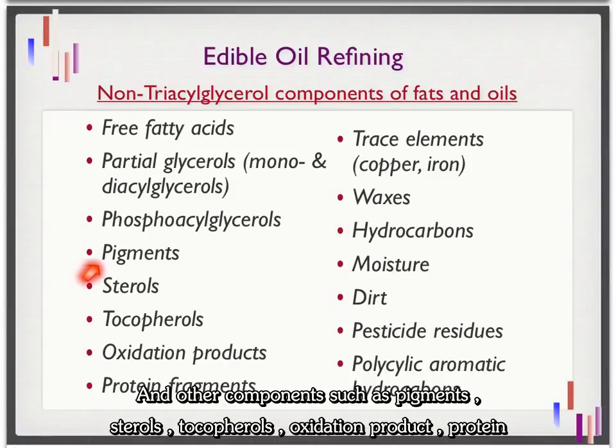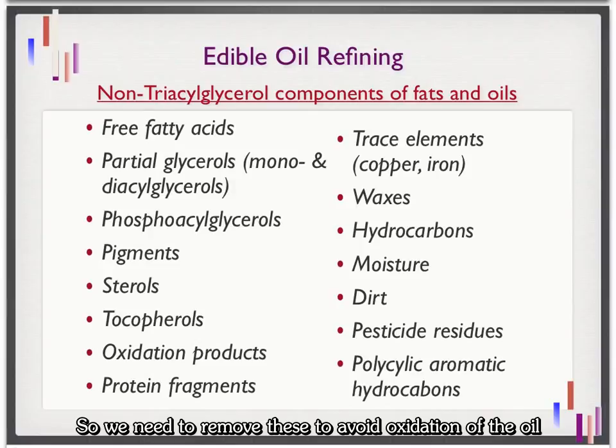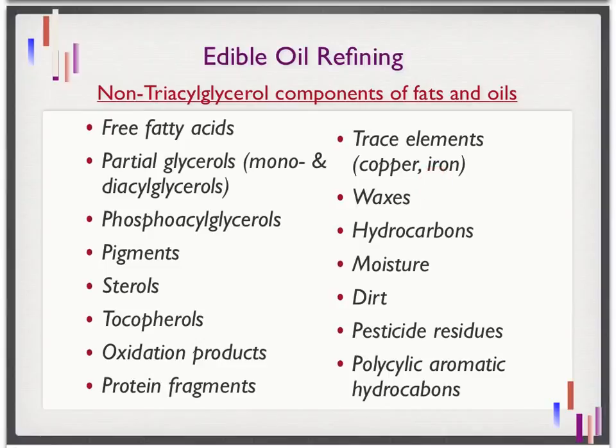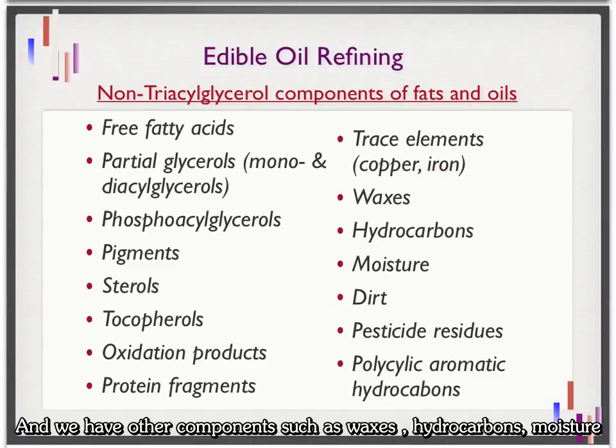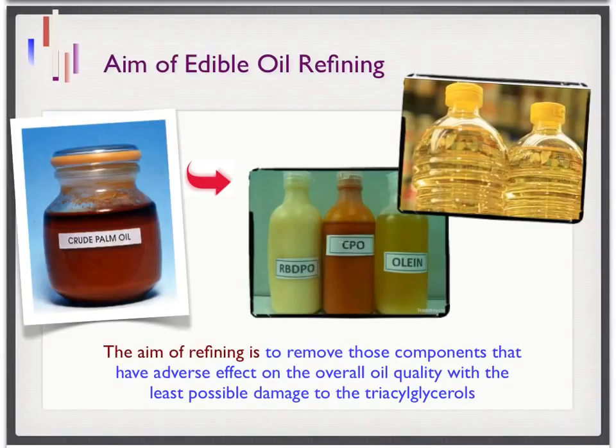And other components such as pigment, sterol, tocopherol, oxidation products, protein, and the trace elements. The trace elements such as copper and iron are actually pro-oxidants, which can promote oxidation in the oil. So we need to remove these to avoid oxidation of the oil. And we have other components such as waxes, hydrocarbons, moisture, dirts, and other components.